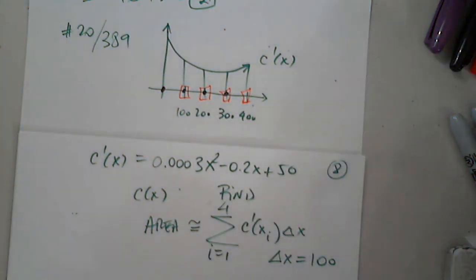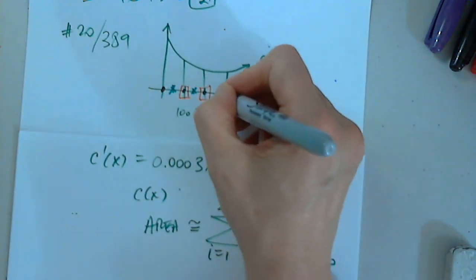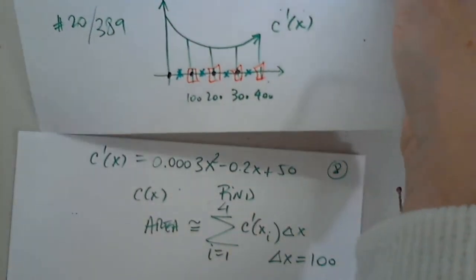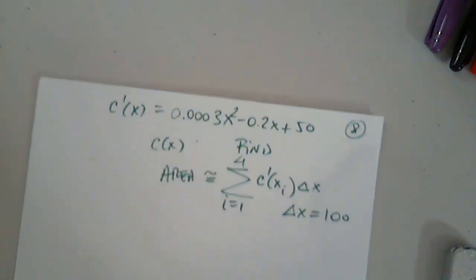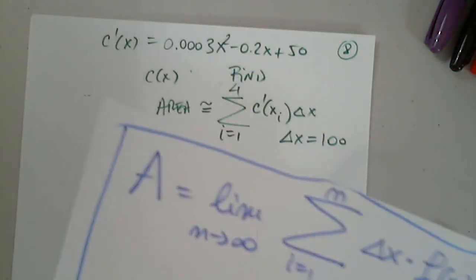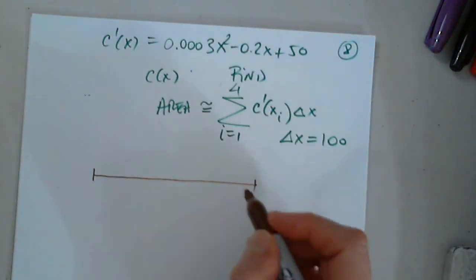And if we want to use the midpoint, then we're going to have to use this height at those points. Any preference? Anyone? We just do the midpoint? Midpoint it is.